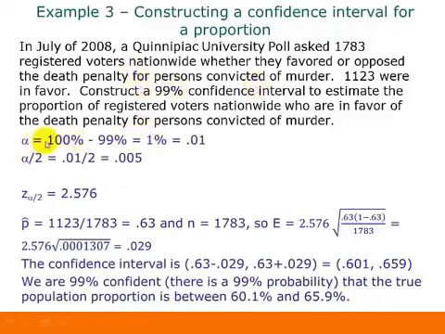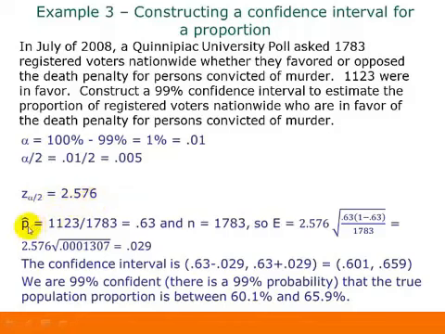So again, the first thing to do is find alpha. Alpha is 100% minus our confidence level, which would give us 1% or 0.01. Then we divide alpha by 2, which gives us 0.005. So the critical value we use in the formula is 2.576.